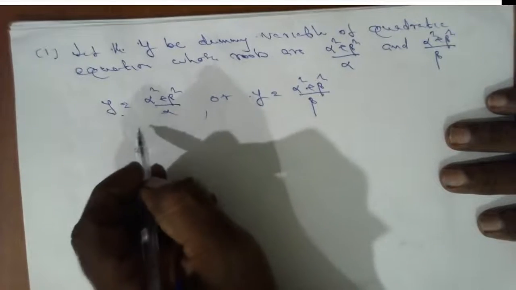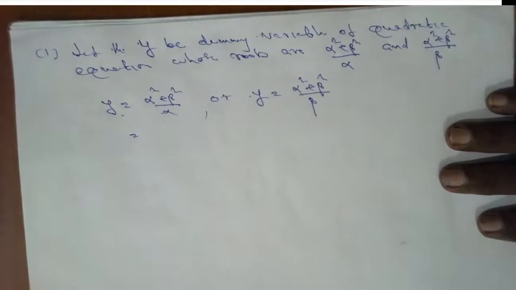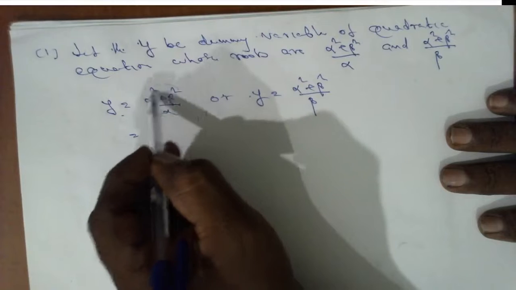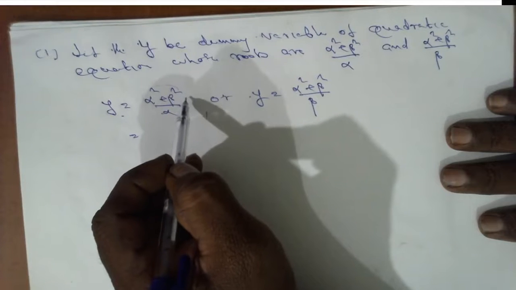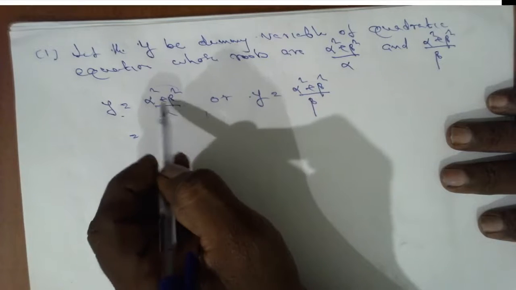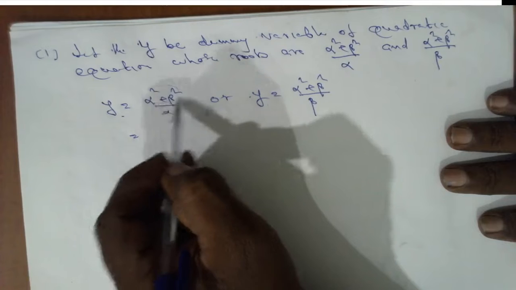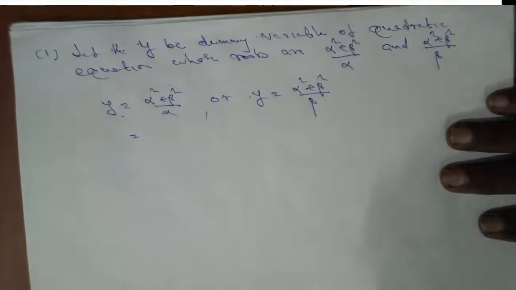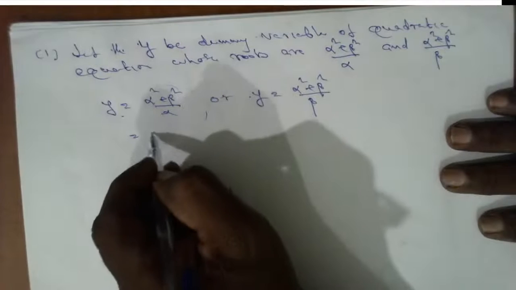But what is alpha squared plus beta squared? This is a constant, so that is what you have to identify. Alpha squared plus beta squared is a constant term. That constant is, we know, b squared minus 2ac over a squared.